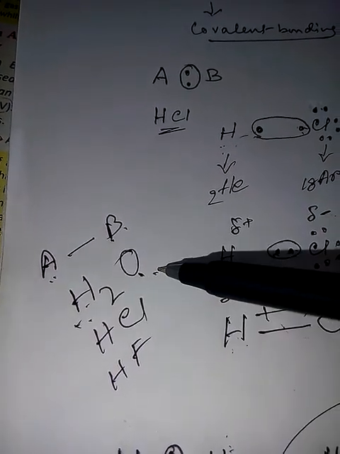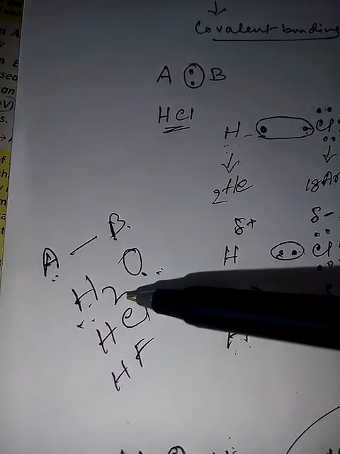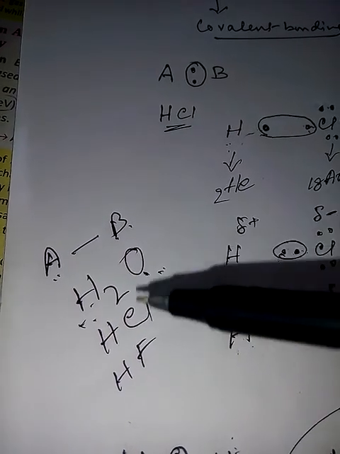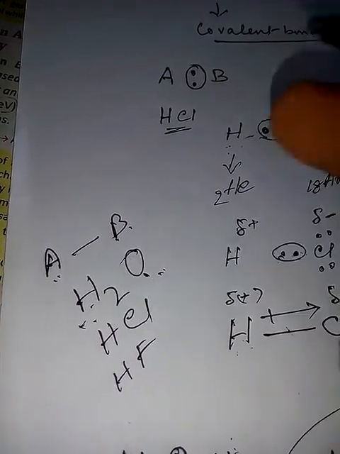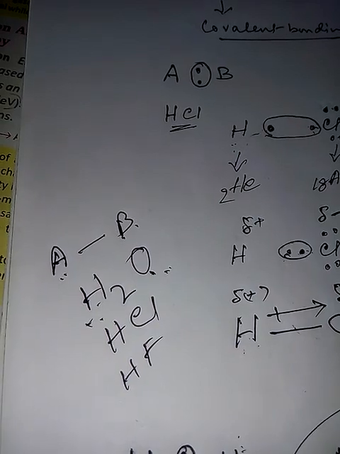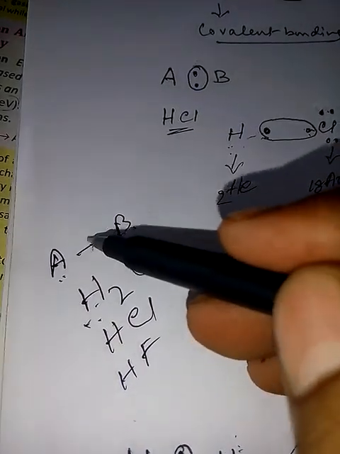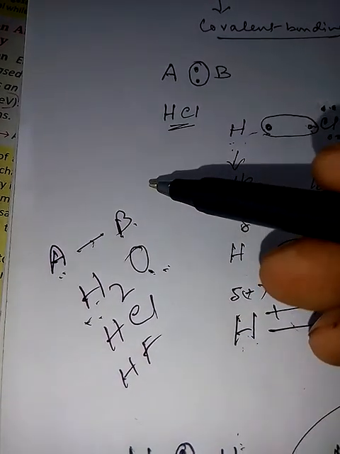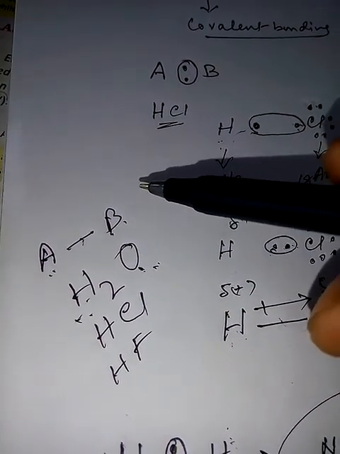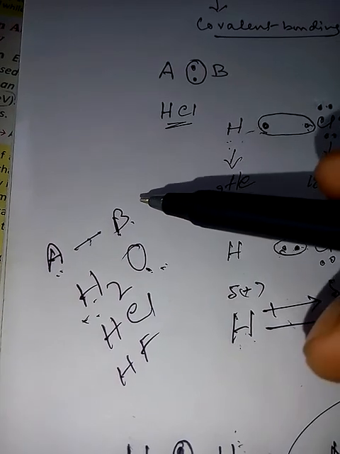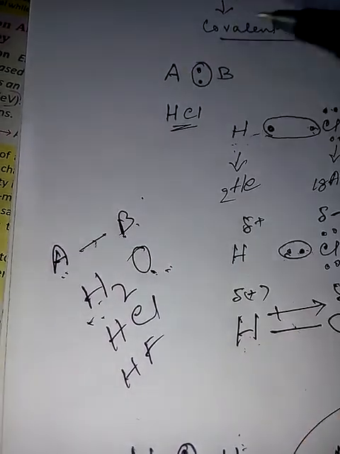When two different atoms take part in the chemical bonding, then one atom will obviously have more electronegativity. In that case the shared pair of electrons will move toward that atom and it will result in developing a partial positive charge and a partial negative charge.